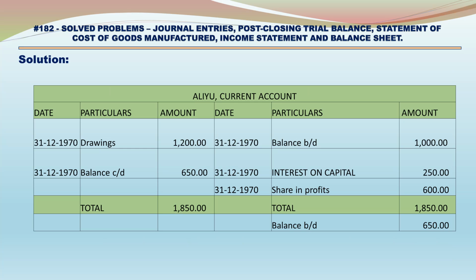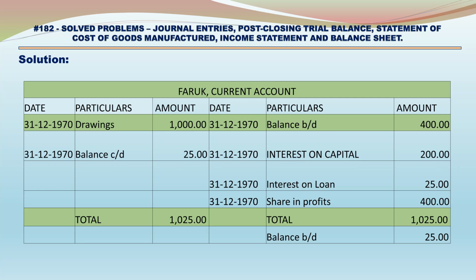Aliyu's current account. On the debit side, 31st December 1970, drawings 1200. On the credit side, balance brought down 1000, interest on capital 250, share in profit 600. Total credit side 1850 minus drawings 1200. The balance carried forward is 650 credit as on 31st December 1970 in Aliyu's current account.